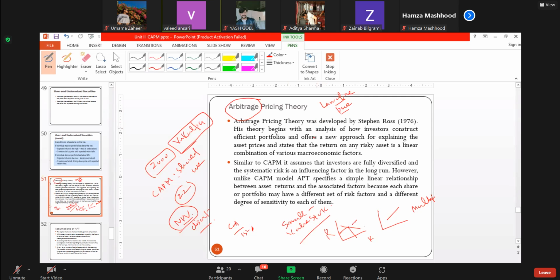This model is a multi-factor model, which does not specify what that risk is. It says that the risk and return of any security is determined by multiple factors, not one factor. That is why the word arbitrage has come.